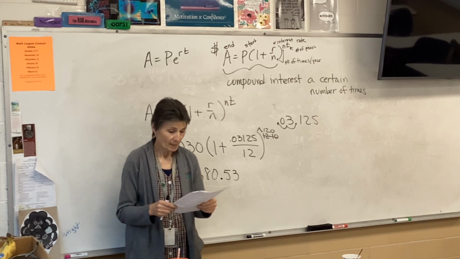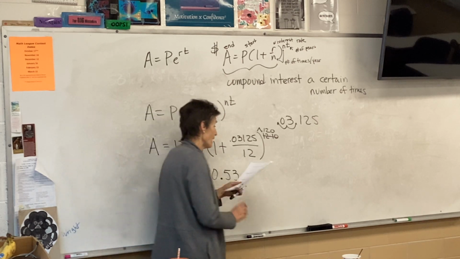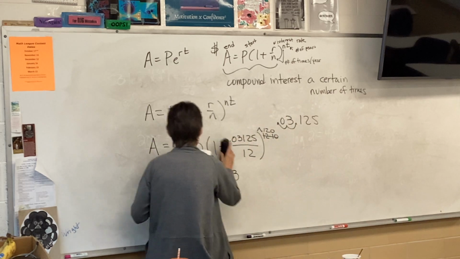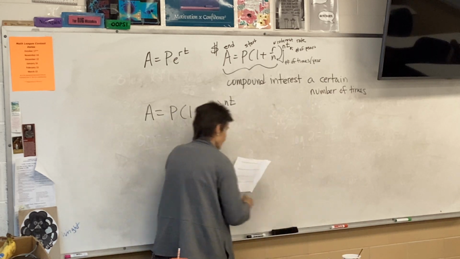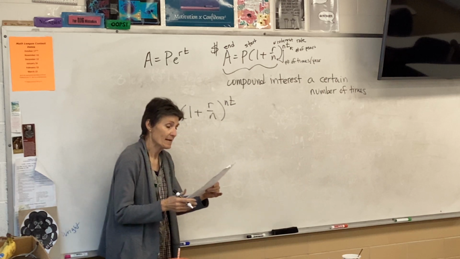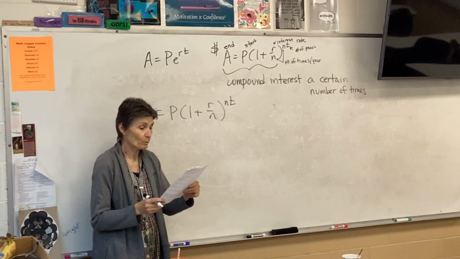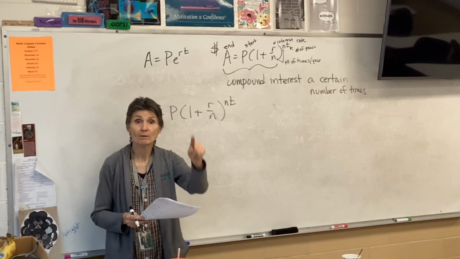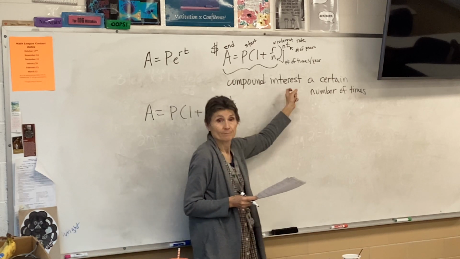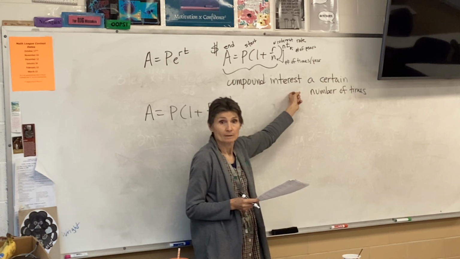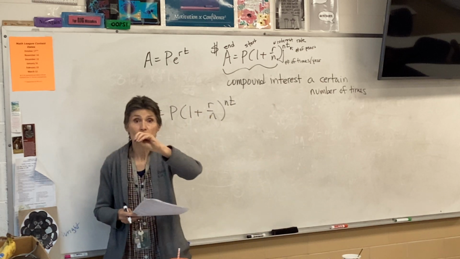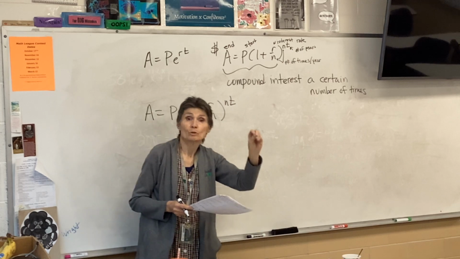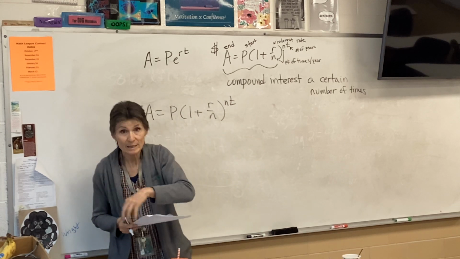Number 7, how much will I have in my account after 12 years if I deposit $555 at an interest rate of 3.5% compounded monthly? That's when I use this formula, when it says compounded monthly, compounded quarterly, compounded weekly.